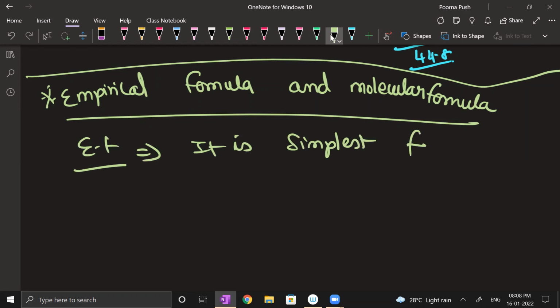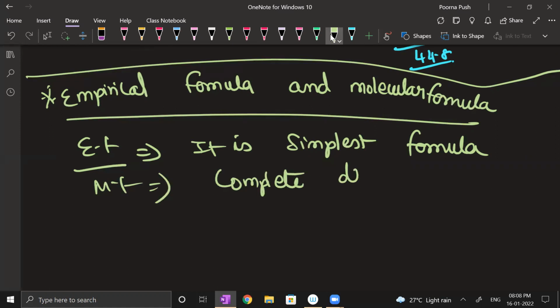The simplest formula may or may not have complete details about the compound. The molecular formula will have complete details about the compound.